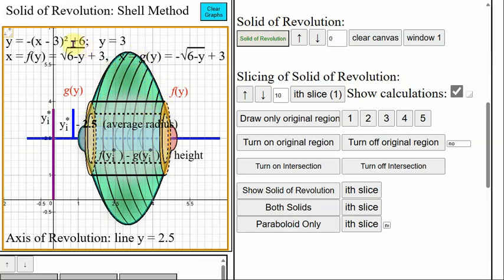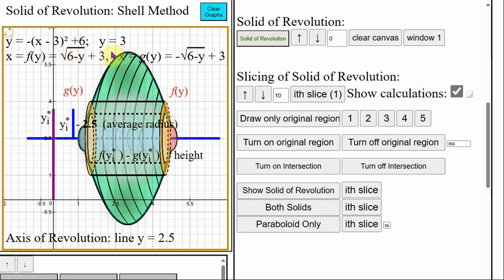If we take this equation and solve for x, we get x equals the square root of 6 minus y plus 3, and x equals negative square root of 6 minus y plus 3. The negative one is this part, and the positive one is this part.